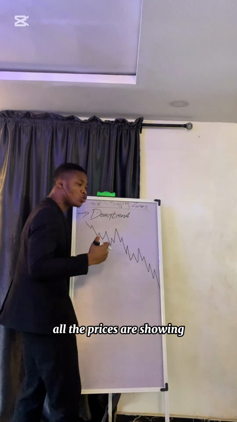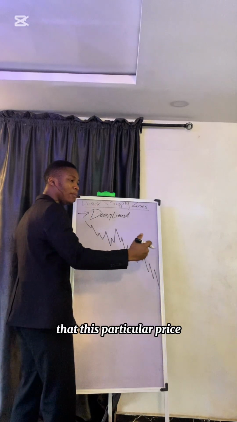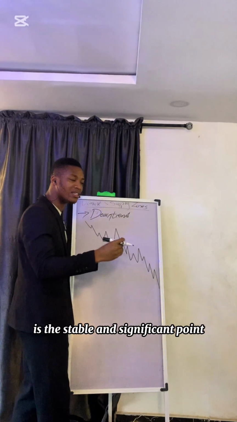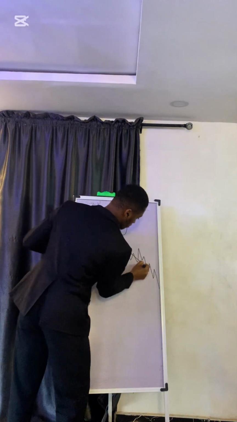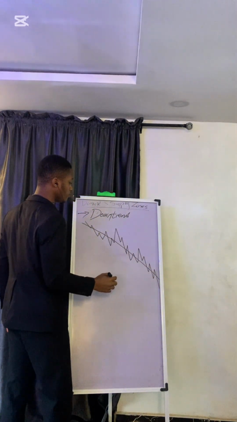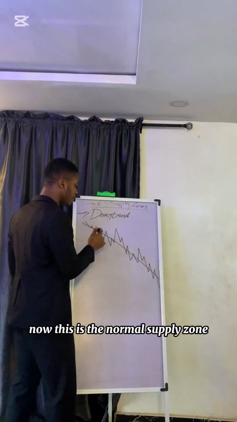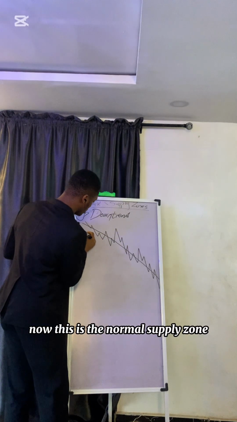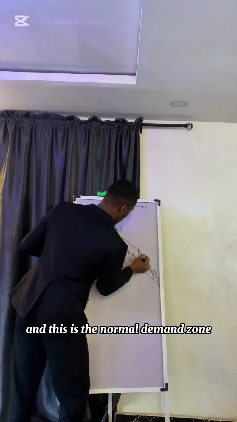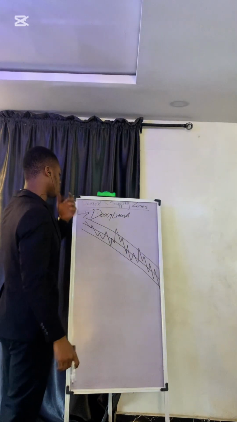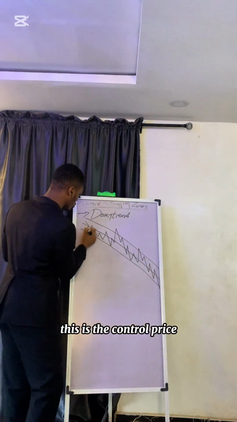All the prices are showing that this particular price is the stable and significant point. Now, this is the normal supply zone, and this is the normal demand zone.